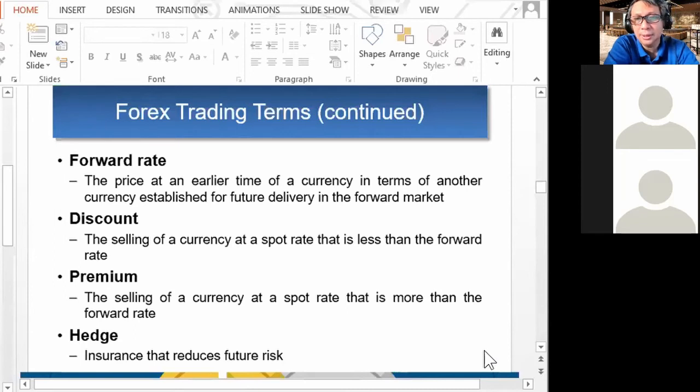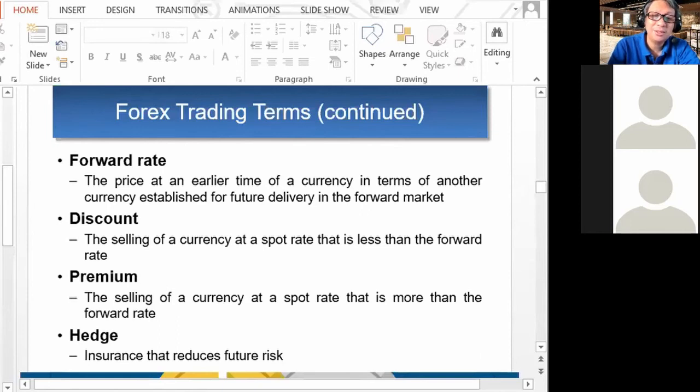They add the word forward to mention that it's the future forward discount rate. So nagmahal yung foreign currency, because our currency, the Philippine peso, depreciated. So when it depreciates in the future, ang tawag doon, discount. It's discounted. Discount rate yun.